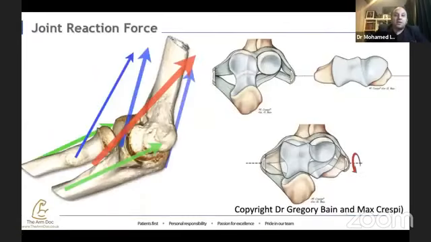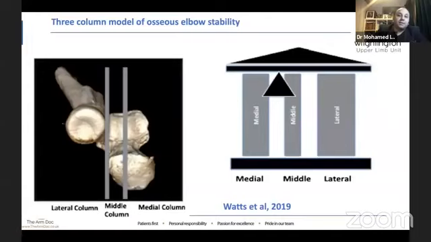Bearing in mind the axis and the joint reaction forces around the elbow, we can identify the main fulcrum for varus-valgus stability, which lies between the medial and the middle column. So the primary restraint to valgus is the lateral column, with a secondary contribution from the middle column, and the primary restraint to varus collapse is the medial column.